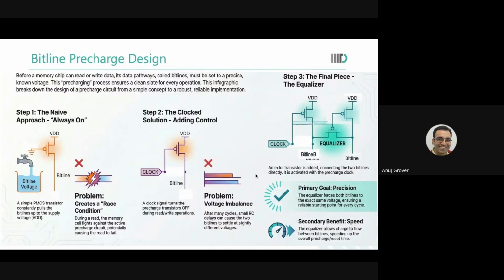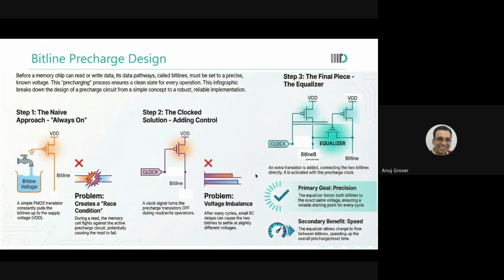What the equalizer did was that even if there were a multiplicity of cycles reading 1 or reading 0 on a particular bit line, which could have led to buildup of some inherent differential, inherent offset between the bit lines, an equalizer would ensure that at the end of every cycle, both the bit lines are at almost equal level.